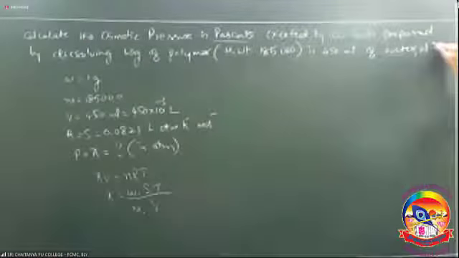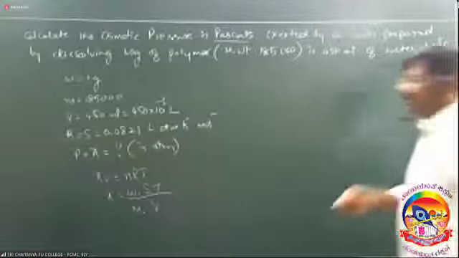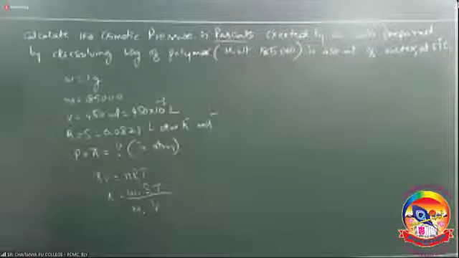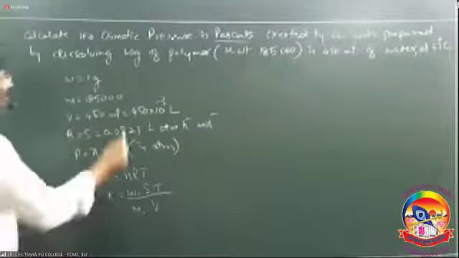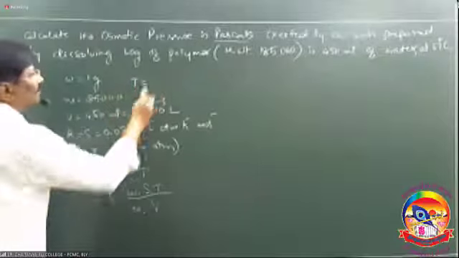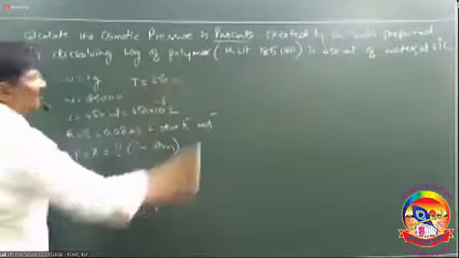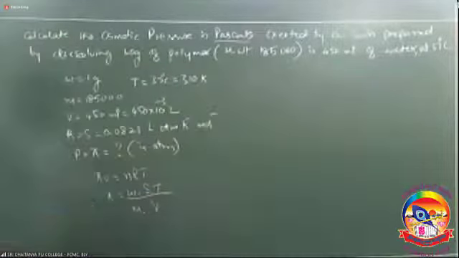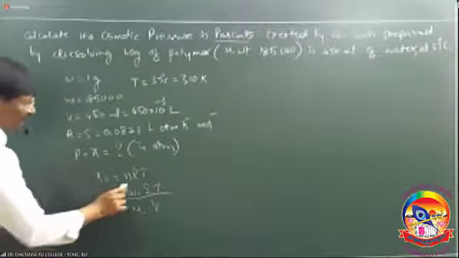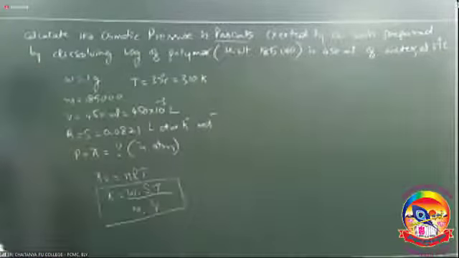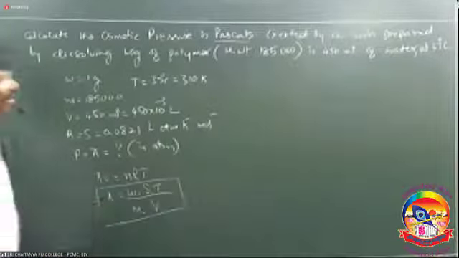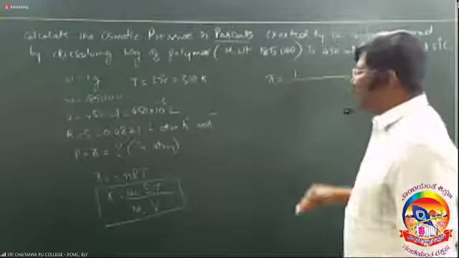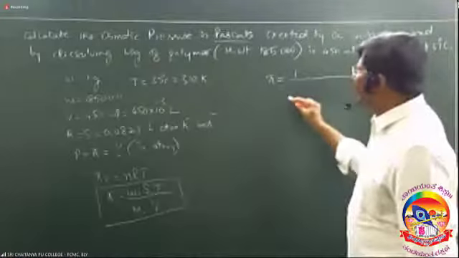So the temperature is 310 K. Now substitute all the values here. So pi is equal to 1, and then its molecular weight is how much?